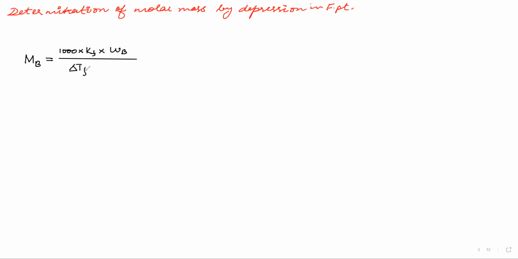Delta TF into. Now, last, Mariam. WA. So you have got how to determine the expression, the relationship between the depression in freezing point and the molar mass.